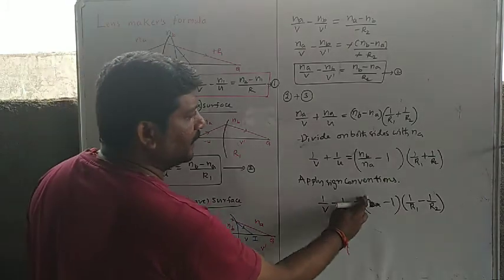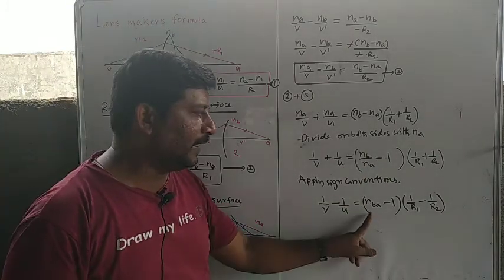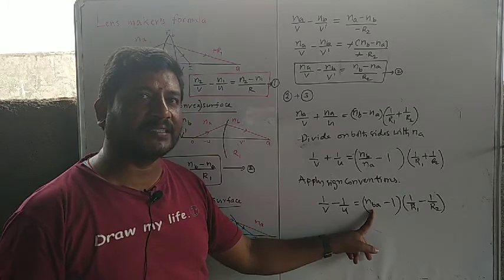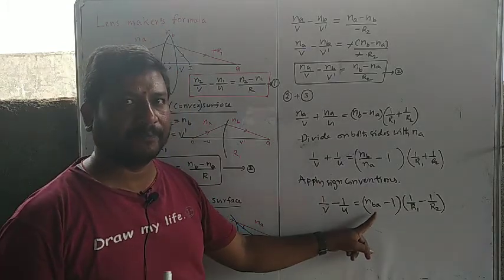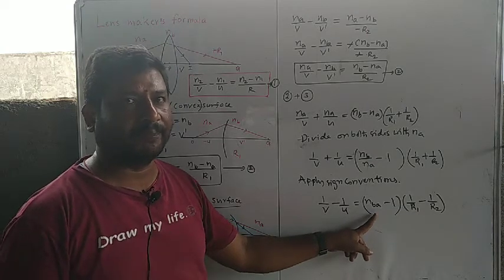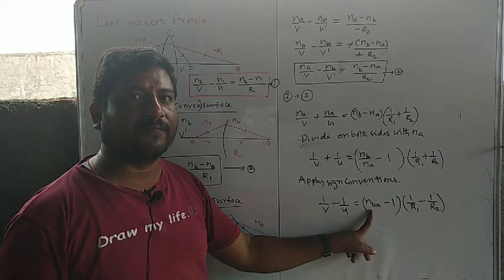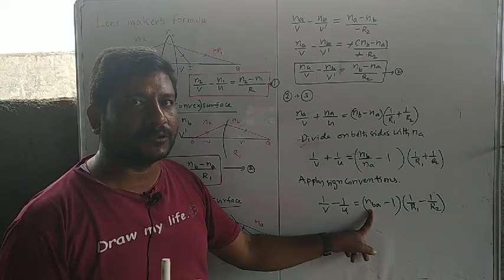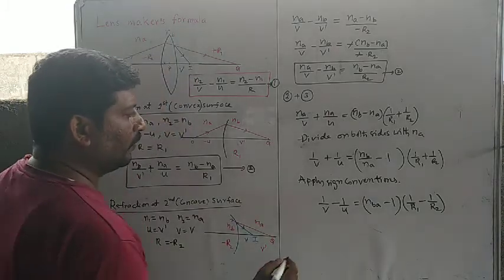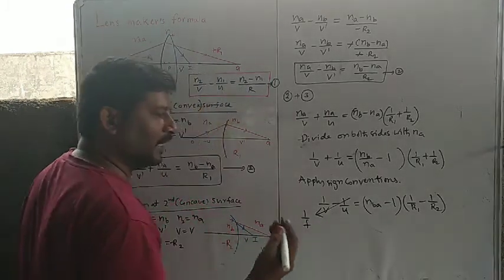So here NBA is nothing but NB by NA. That means this indicates refractive index of the second medium, that is lens, with respect to first medium, that is surrounding medium. So this indicates refractive index of the lens with respect to surrounding medium. We know that 1 by V minus 1 by U equals 1 by F, that is lens formula.